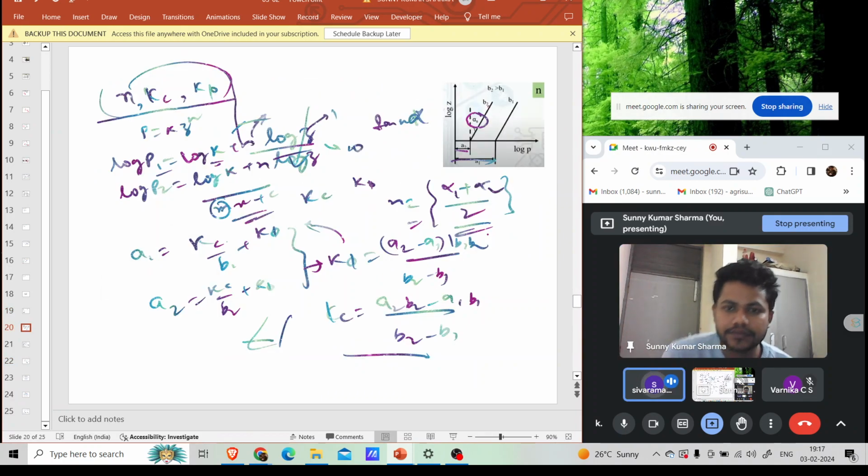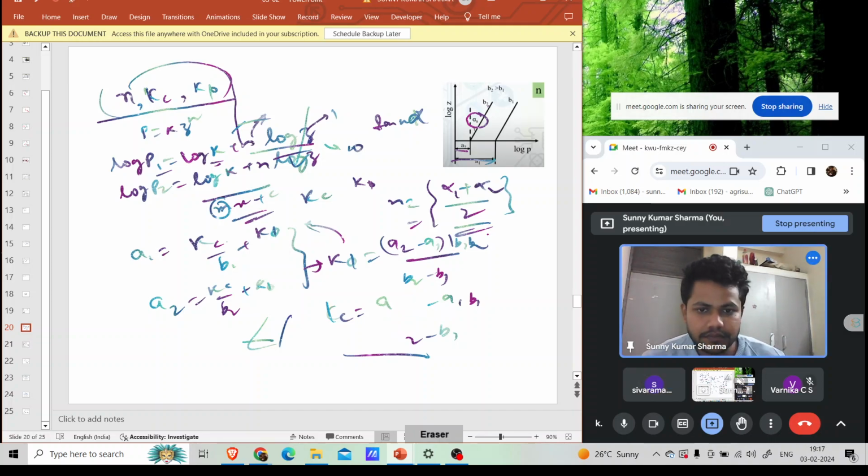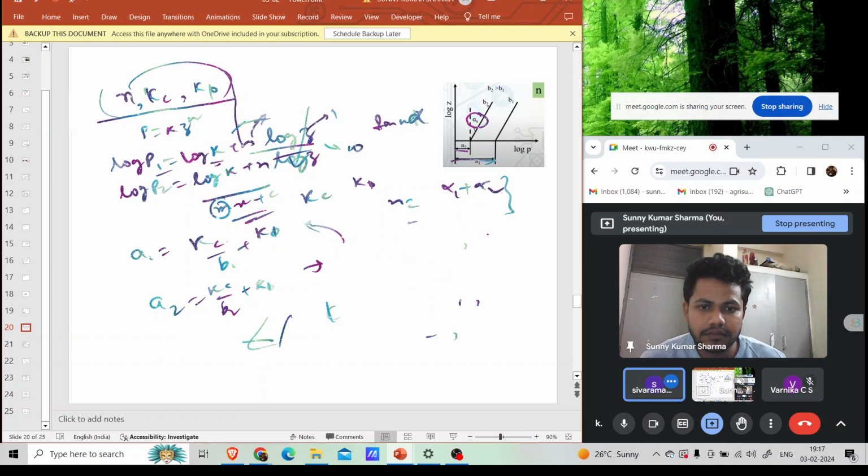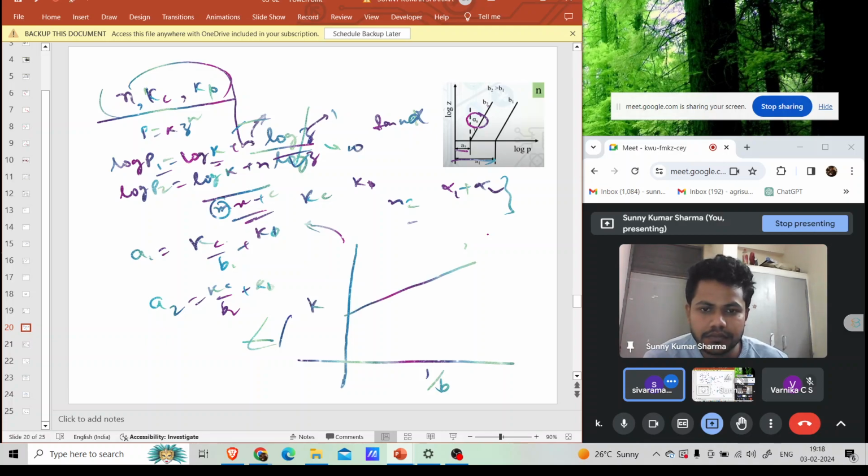in the lecture, sir said that we should be plotting a graph of K versus 1 by B. In this case we are limiting our derivation to Z equal to 1.